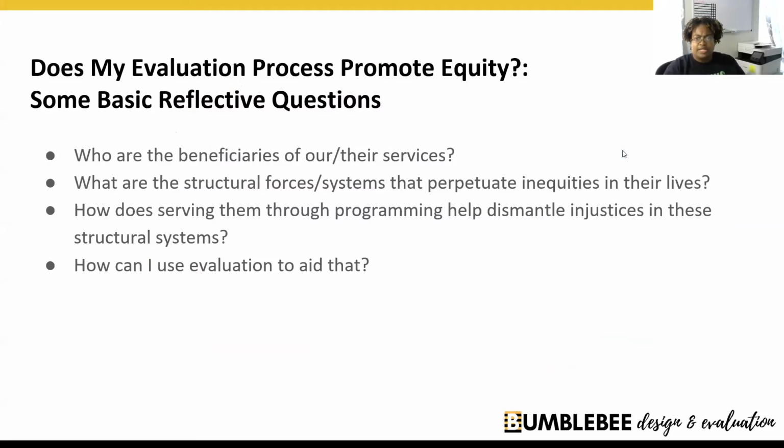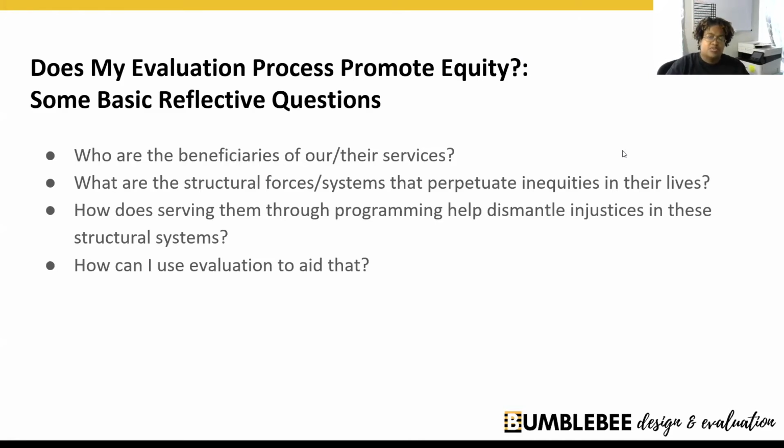So I'm a reflector. I'm a learner and a reflector. And so I like to have some basic questions when I'm thinking about my work. I'll revisit these again at the end, but here are some basic questions you can ask yourself to start thinking about this. Who are the beneficiaries of either our services, if you're an internal evaluator, or their services, if you're an external one?